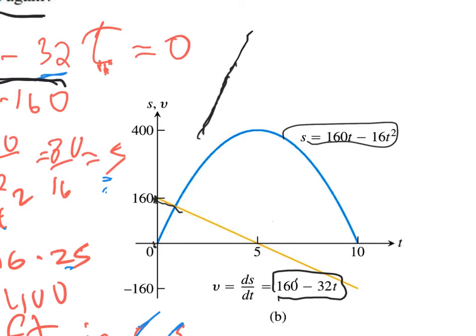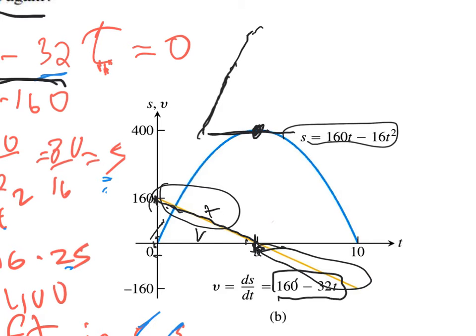And once it peaks out right here, the velocity turned to zero. You can tell it was going up because the graph of the derivative is positive all the way from 0 to 5. Positive velocity. And at 5, the derivative function goes underneath the x-axis.